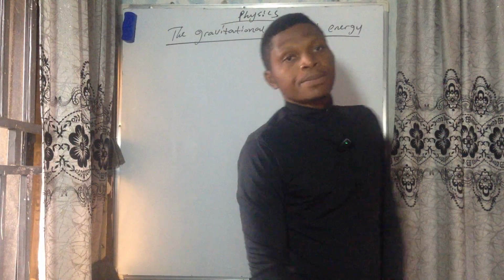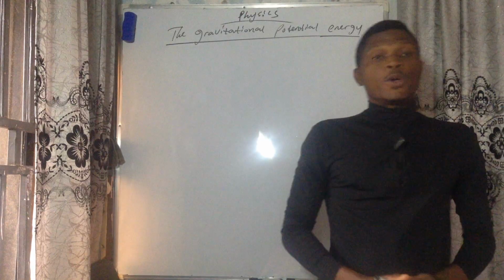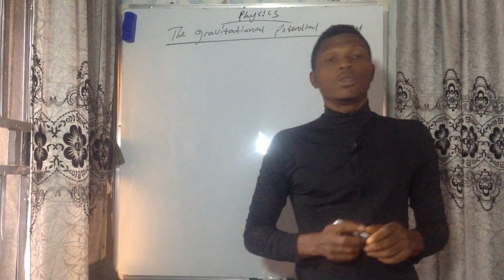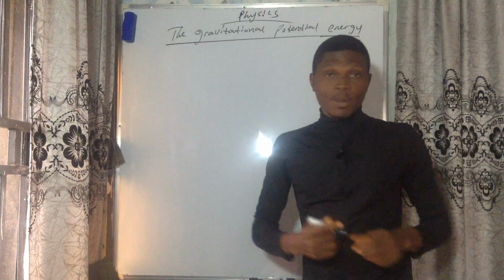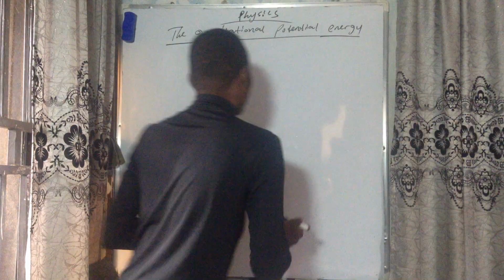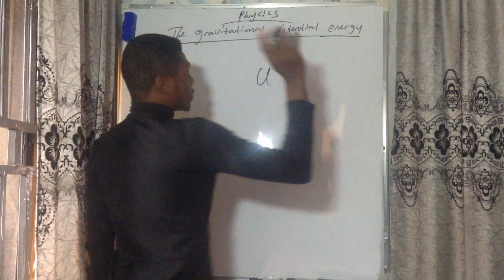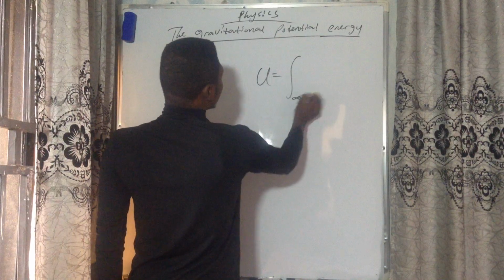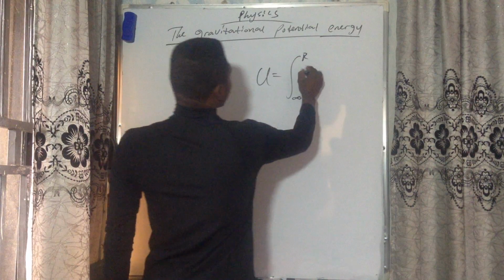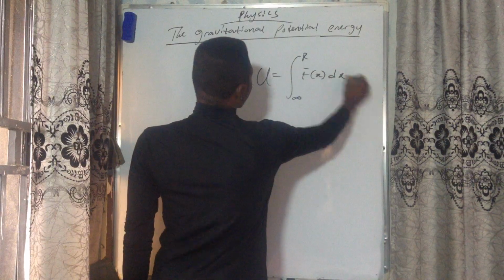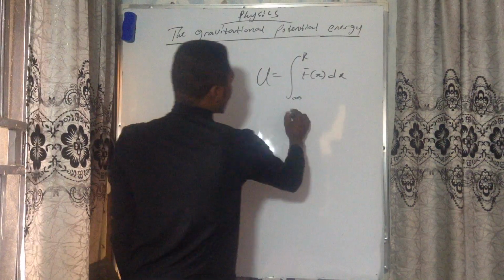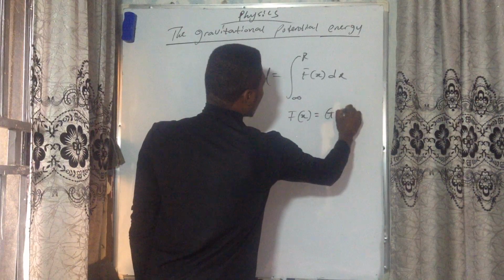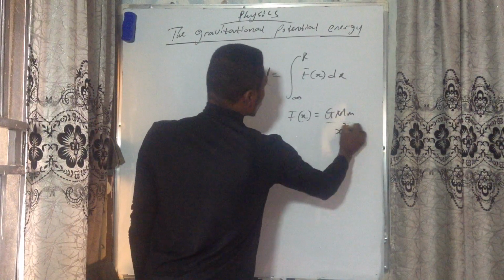Hello guys, last time I made a video on gravitational potential energy where I used this formula to derive the formula for gravitational potential energy. That is the integral from infinity to a point r of F(x) dx, where F(x) is equal to GMm over x squared.